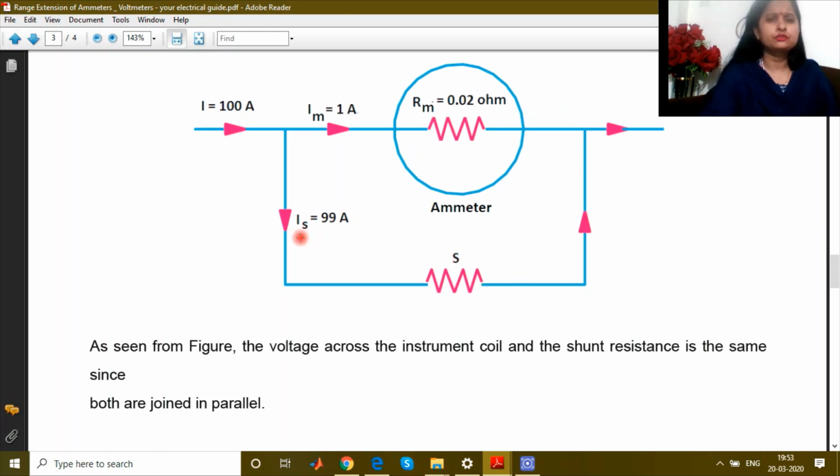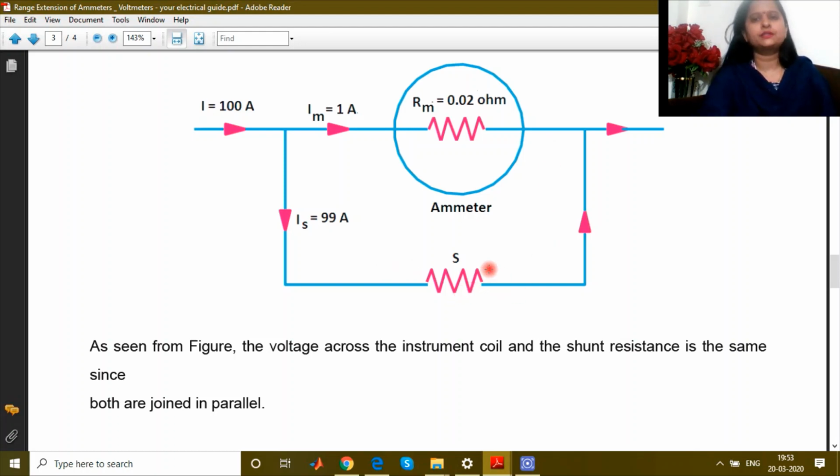The main purpose of connecting this resistance in parallel is to provide a path for the extra current, because there will be a load connected which carries a current like 100 ampere. So we are providing a path for this extra 99 ampere through this resistance, which is called a shunt.